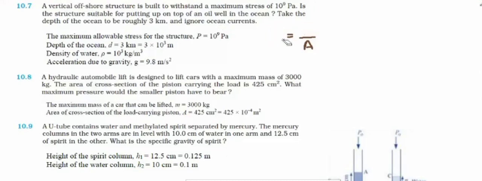For calculating the pressure, you can use the formula P is equal to H rho G. If this pressure is greater than 10 power 9 Pascal, it's not suitable. If it is less than 10 power 9 Pascal, it can be used. So find the value of pressure using the formula H rho G.